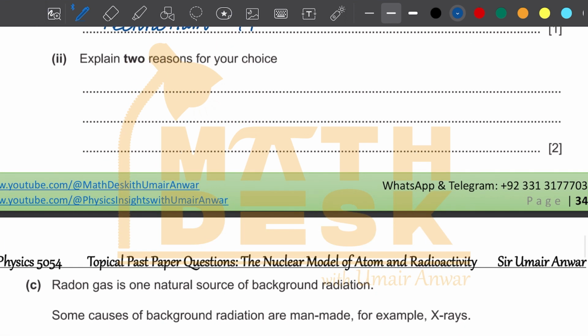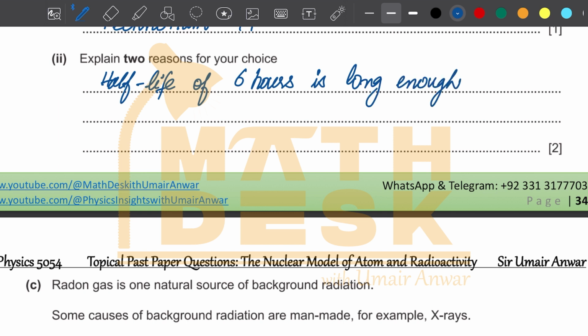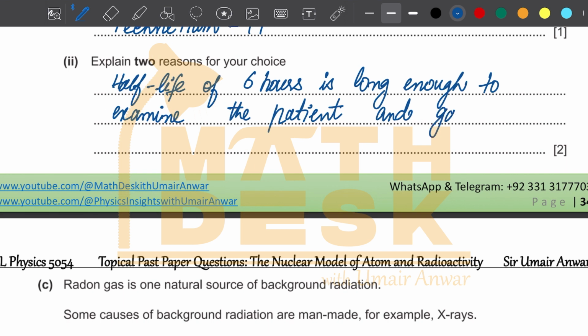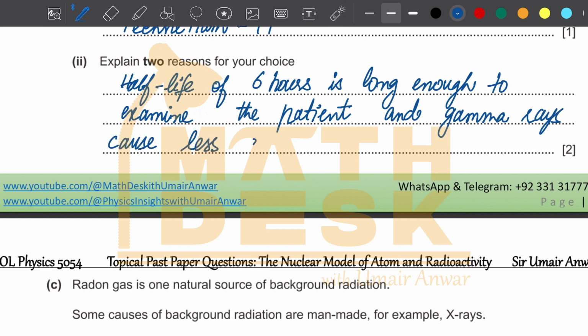Next part says explain two reasons for your choice. The first reason is that the half-life of 6 hours is long enough to examine the patient, and gamma rays cause less damage because their ionization power is low.